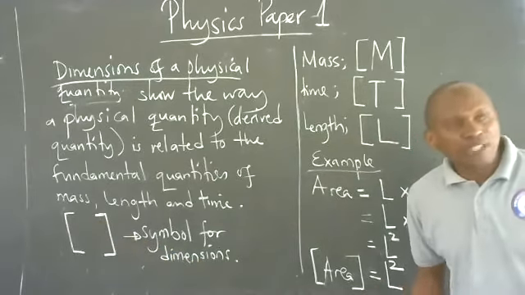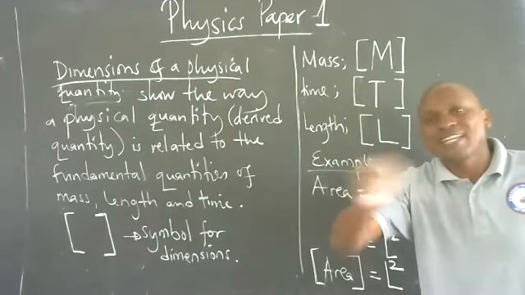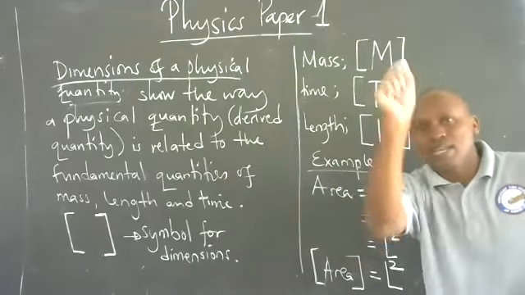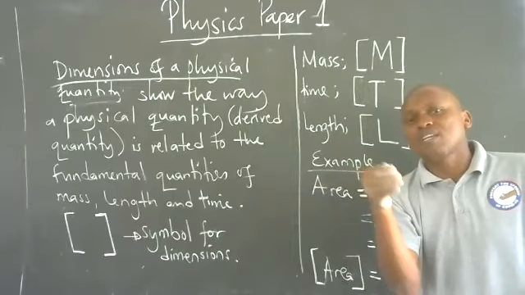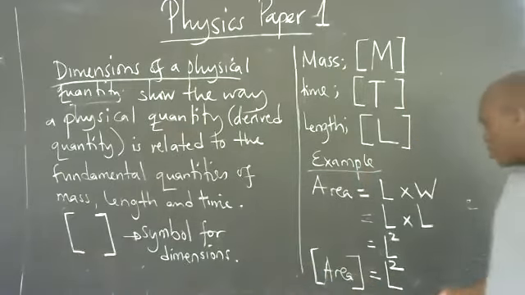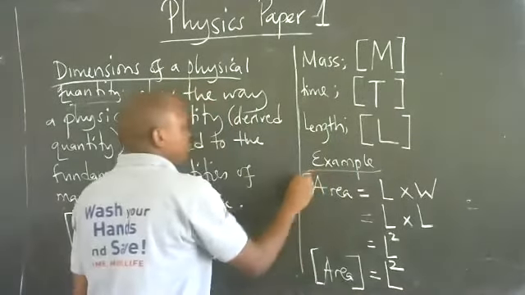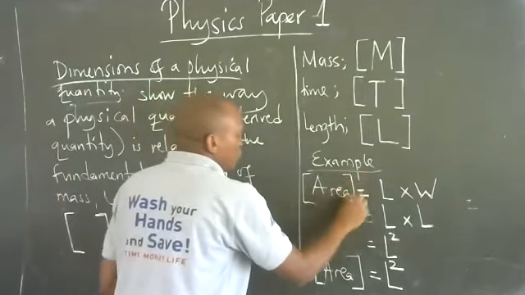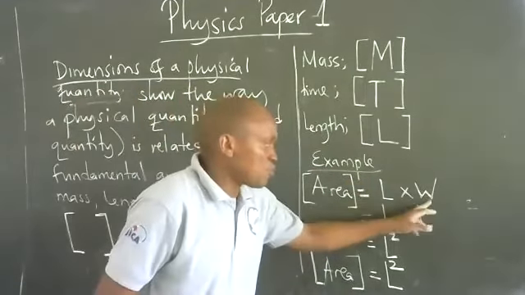When they ask for dimensions of a quantity, you don't have to write the whole word dimensions. Just put the symbol, square brackets, then put what you're looking for inside the brackets. So here we are looking at dimensions of area. Area is length times width.